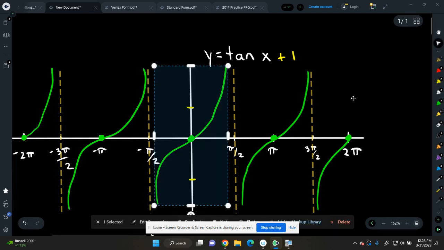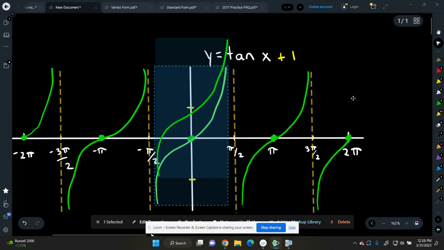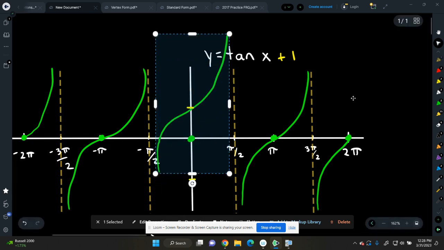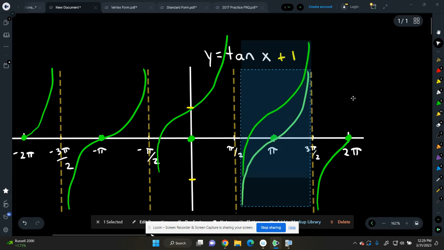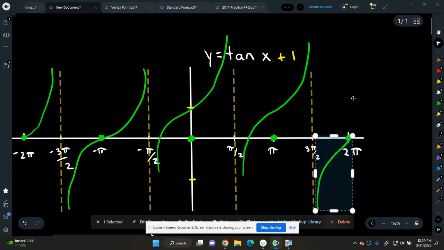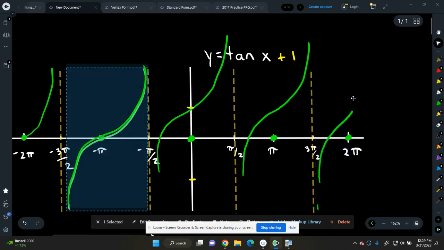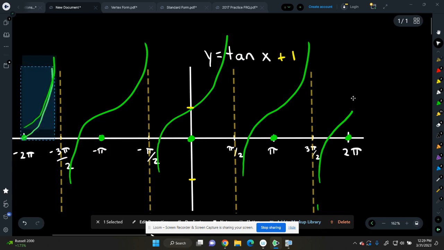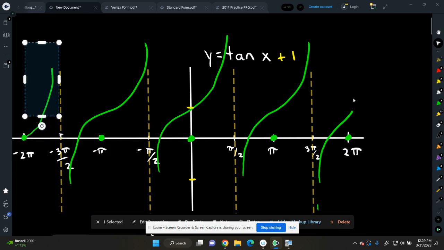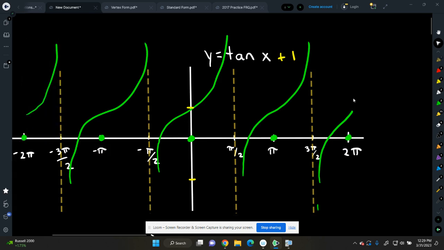In other words, where it's crossing the axis is going to shift up 1, going like that. The whole thing is going to shift up 1 unit. I'd want you to be able to recognize that also. It's going to look kind of like that.